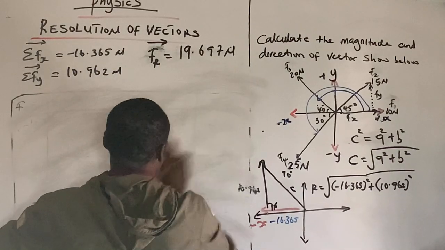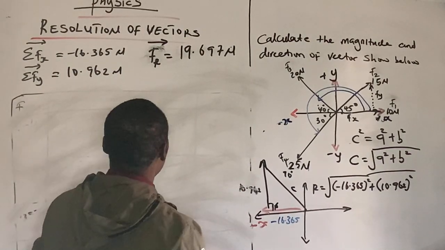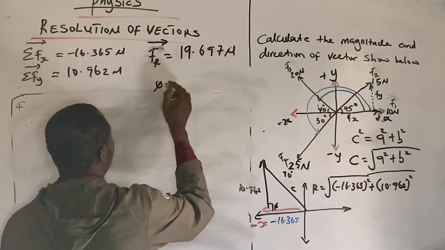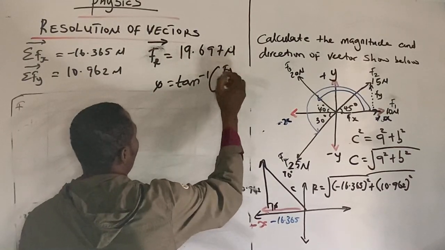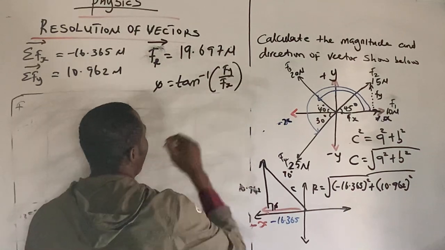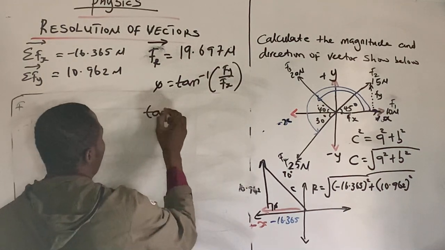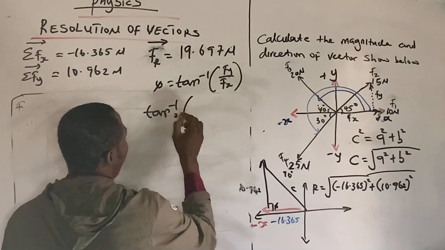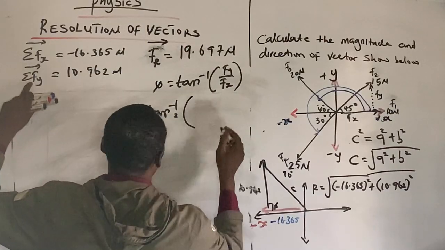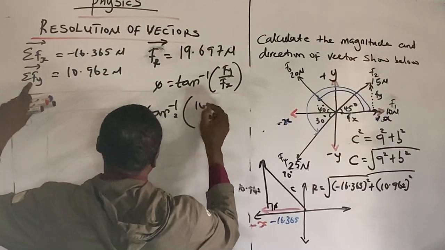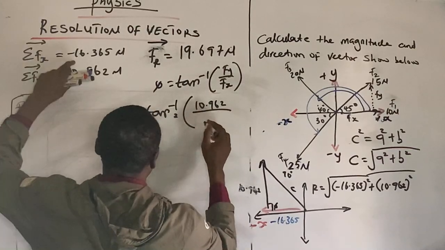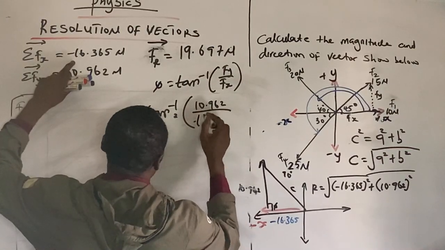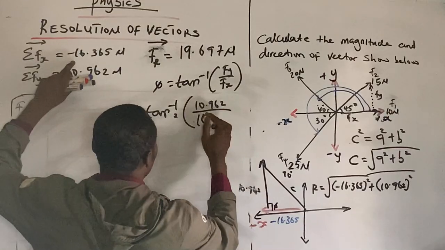Now, for me to get my angle of inclination, I need to know that theta is equal to the tan inverse of f of y over f of x. Now, where is my f of y? F of y is 10.962 divided by f of x, which is 16.365. Forget about the negative sign now.